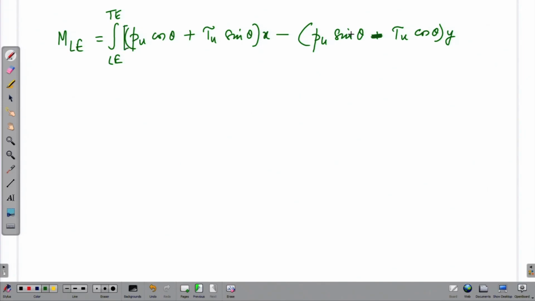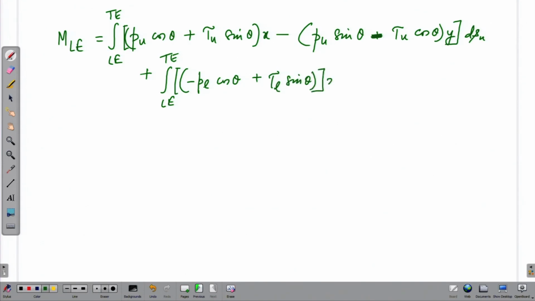This is the contribution of the upper surface, and the other is the contribution of the lower surface. This is how it will work out.